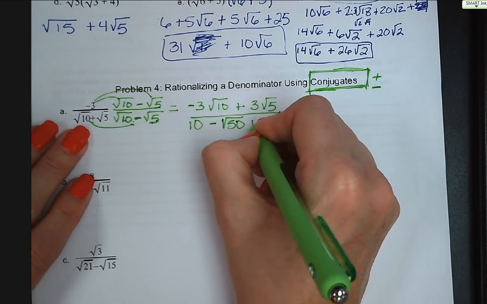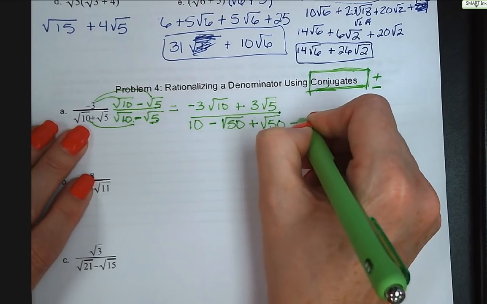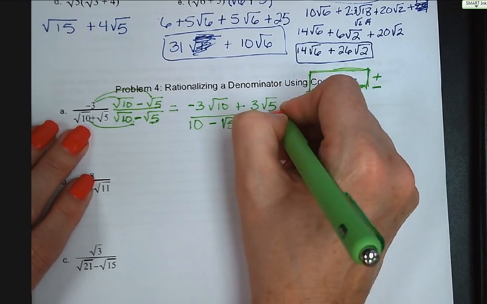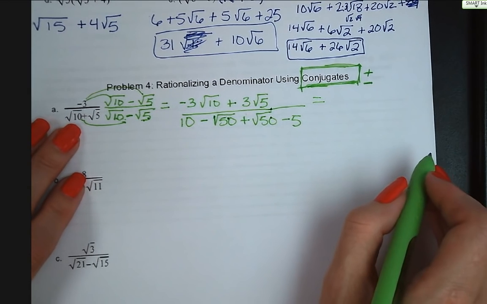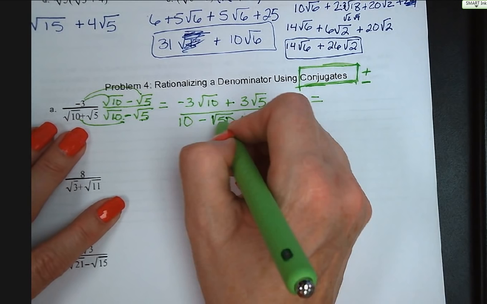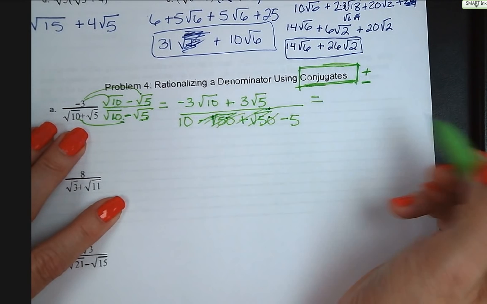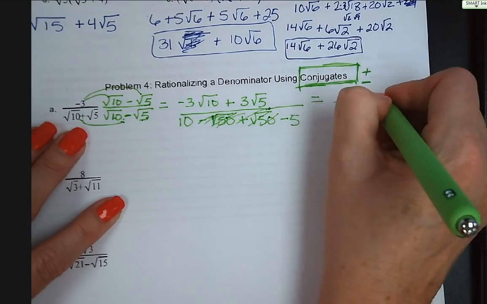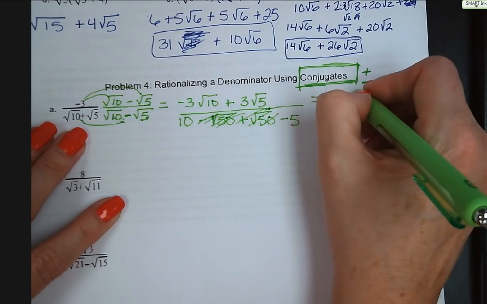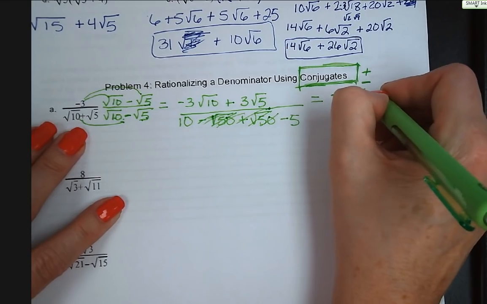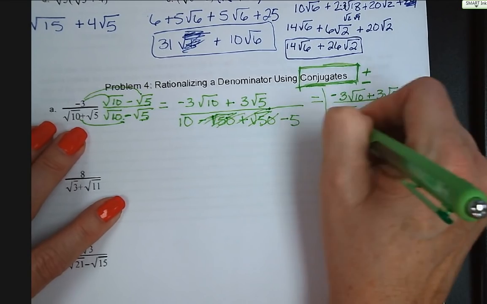Plus square root of 50 minus 5. Okay. And we can see how this works now because we have minus square root of 50 plus square root of 50. Those cancel out. And we're left with 10 minus 5, which is just 5. So we have negative 3 square root of 10 plus 3 square root of 5 over 5 as your final form.